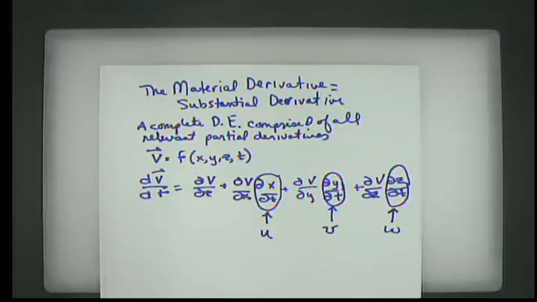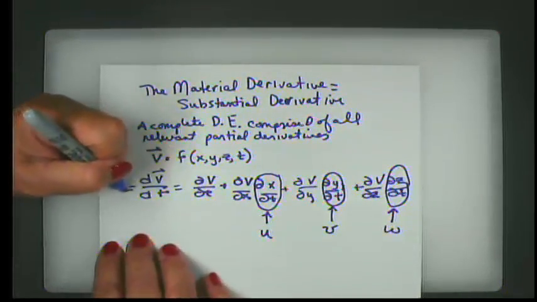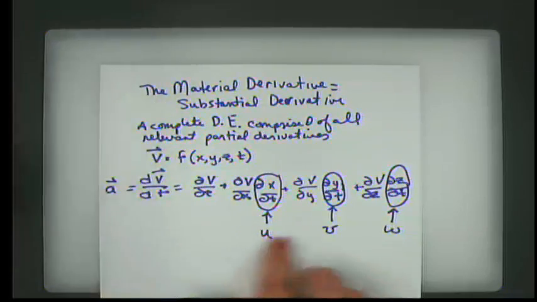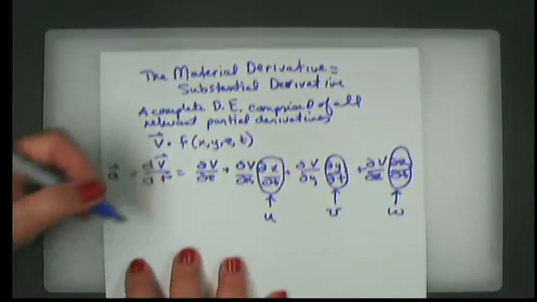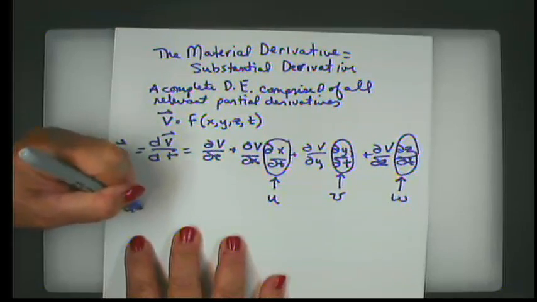So we could write that equation for acceleration in terms of u, v, and w, as long as we keep in mind that we still have the velocity. And then we could split it up into directions. So we could look at a sub x.